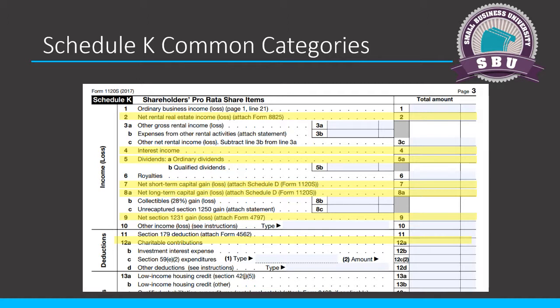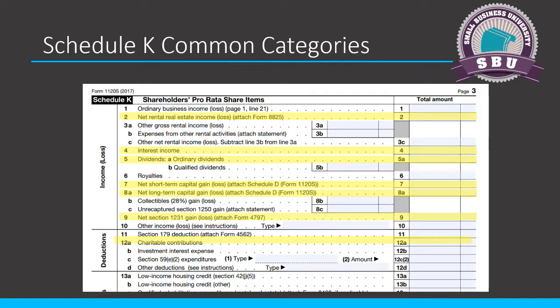I've highlighted the lines that we're going to be diving into today. You can see that line 2 is net rental real estate, line 4 is interest income, then line 5 is dividends, 7 and 8 are your short-term and long-term capital gains, line 9 is the 1231 gain, and then 12A is the charitable contributions. I've selected these because this is what I see the most of.